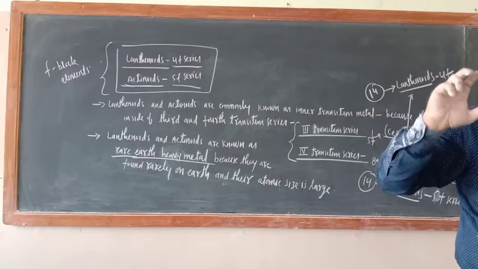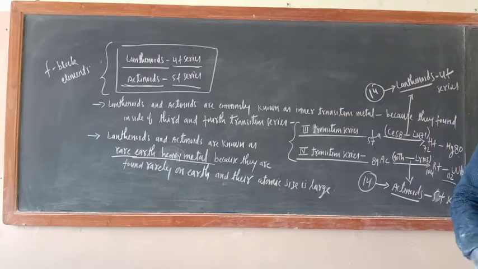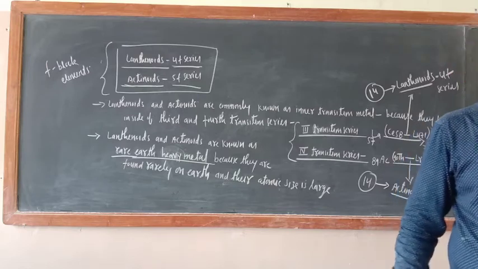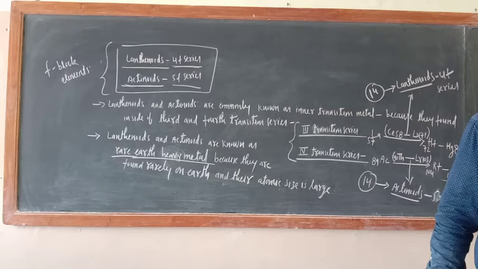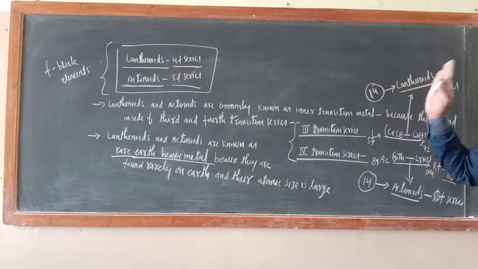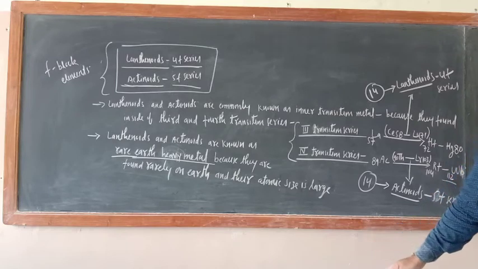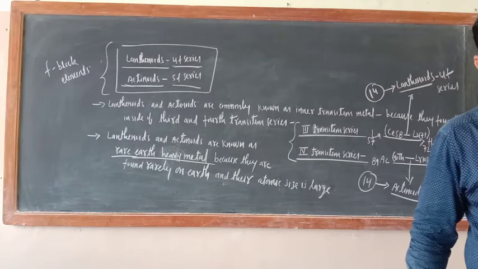That common consensus only I will write on the blackboard. In some books a little bit of difference is also there, even in the Modern ABC and NCERT book. Nevertheless, I will write the combined view, the consensus view by the scientists. You should also follow the same electronic configuration.